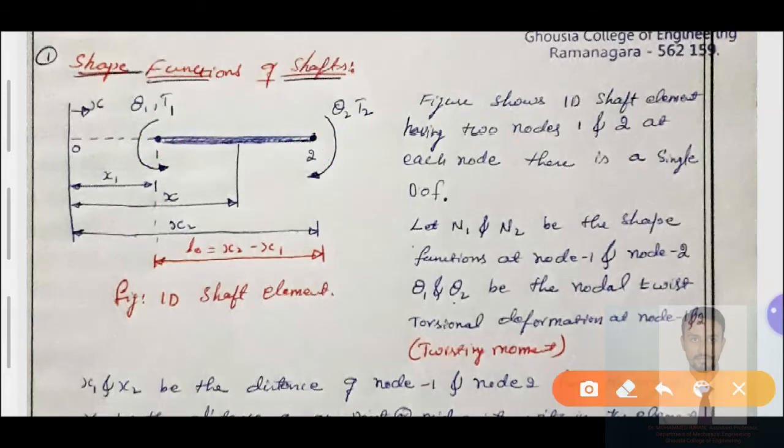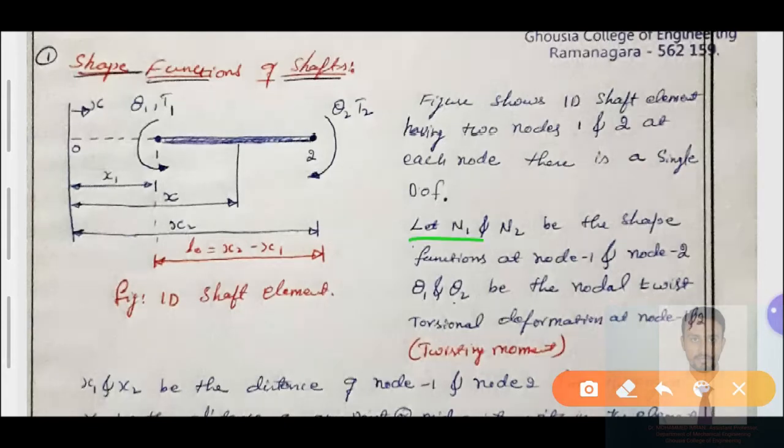At each node there is a single degree of freedom: theta 1 due to the application of a torque T1 at node number 1, and theta 2 due to the application of a torque T2 at node number 2. Now we need to find the shape function.